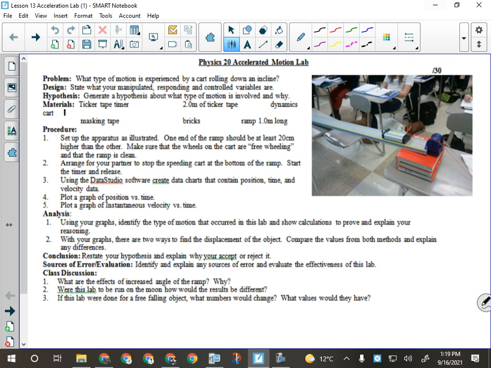All right. In our hypothesis, here's what I want for the if part. I want basically a definition of acceleration. If acceleration is, you fill that in. Okay, because that's the premise we're working on.